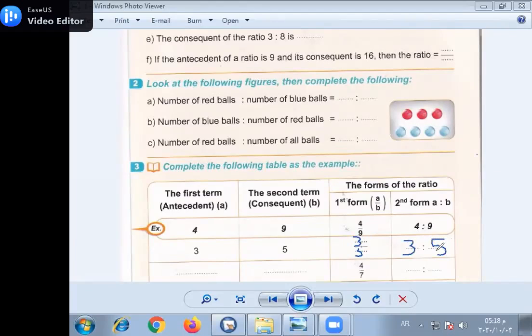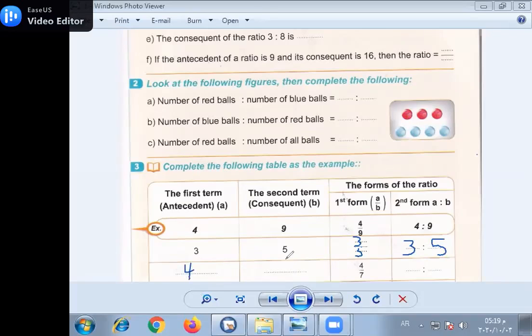Thank you, Marteros. Jannat. Okay, Amal, it's your turn again. Okay, teacher. If we have the ratio 4 over 7, what will be the antecedent of this ratio? 4. Yes. And the consequent will be? 7.